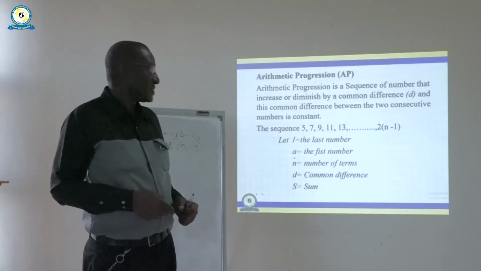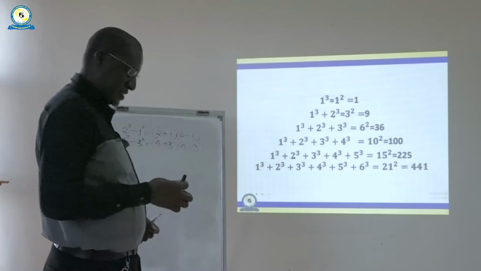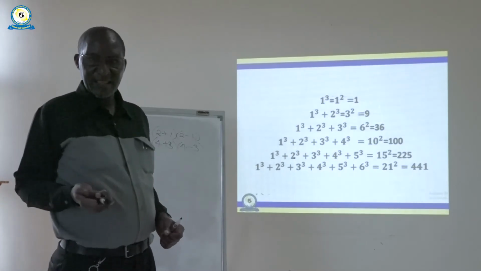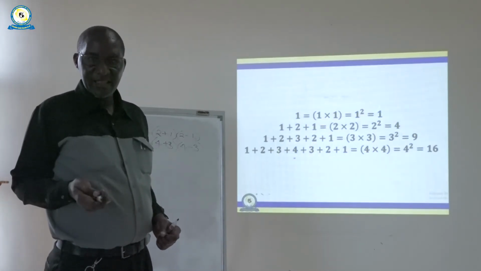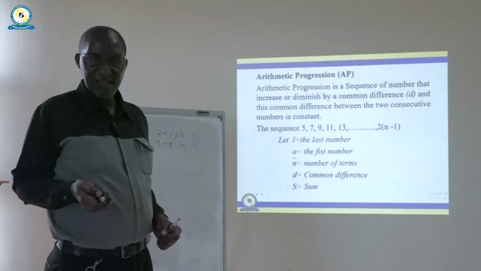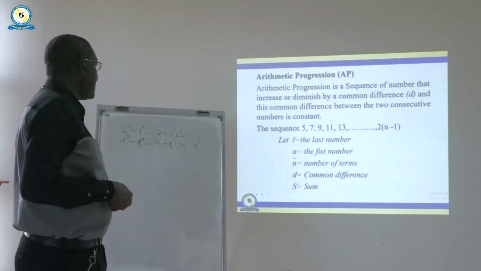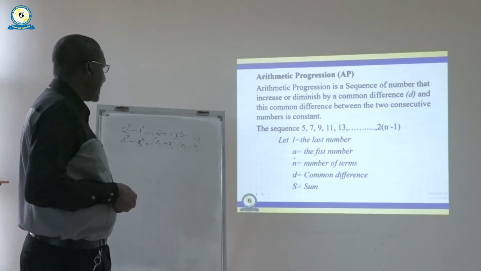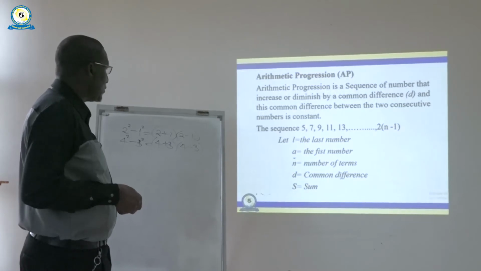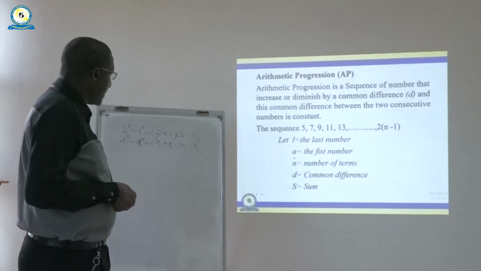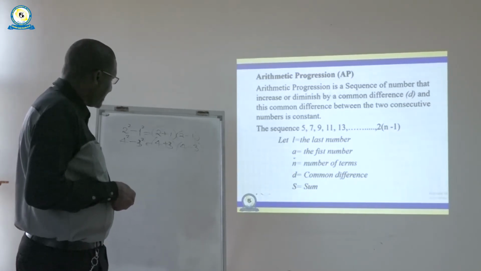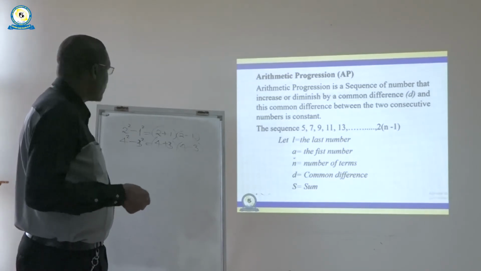For example, the sequence 5, 7, 9, 11, 13, etc. The common difference here is 2, up to the last one.